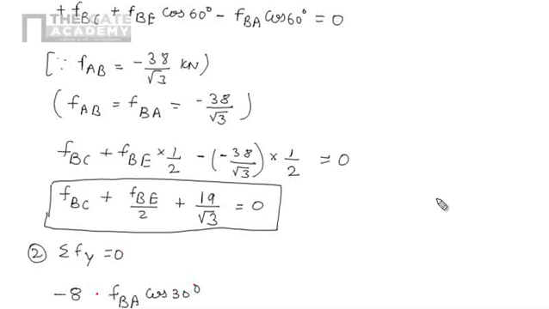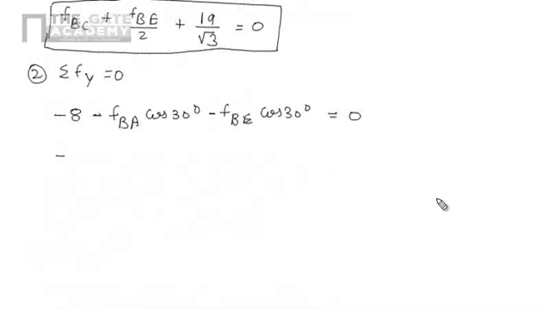It is in the downward direction, so negative. The component of FBE is again in the downward direction, so it will be FBE cos 30, negative. We know the value of FAB, nothing but minus 38 by root 3.